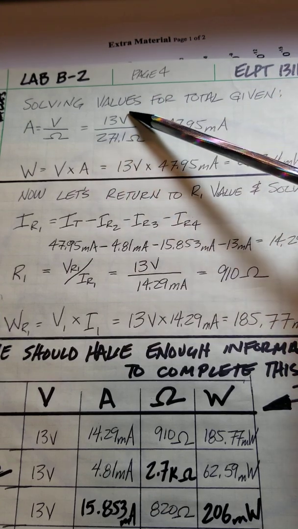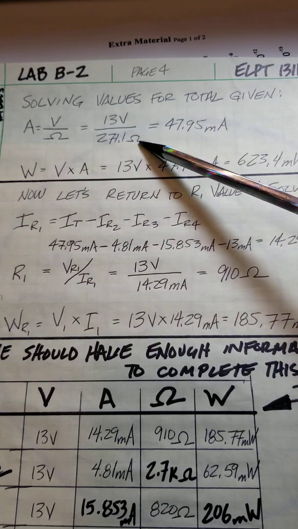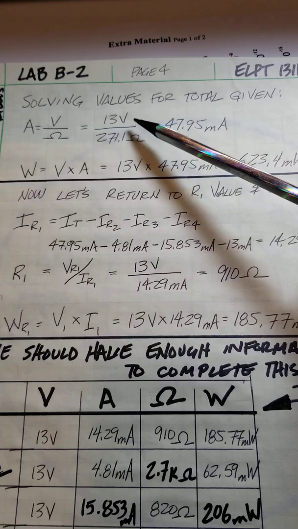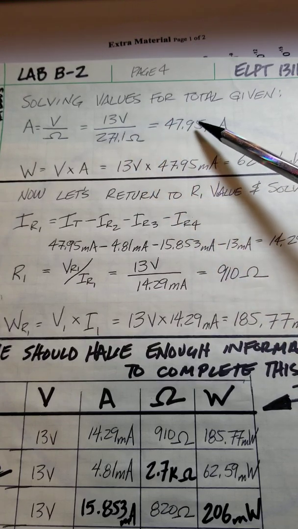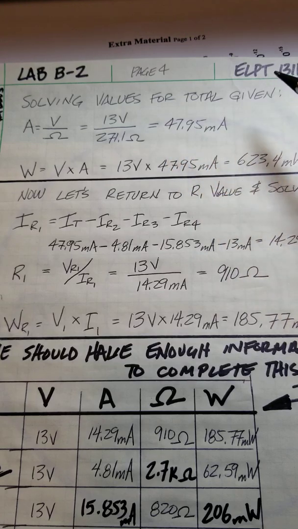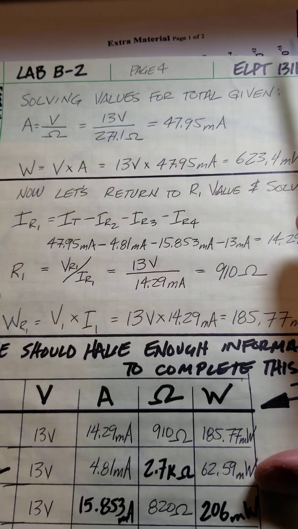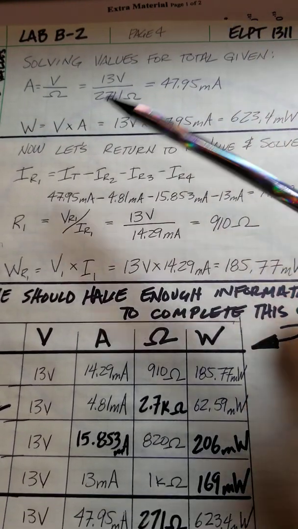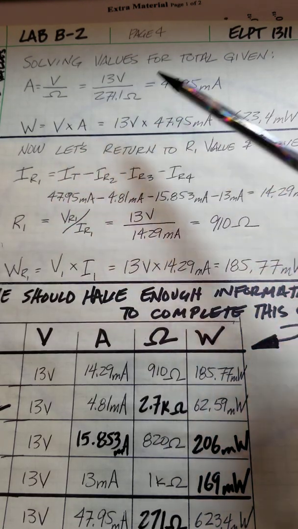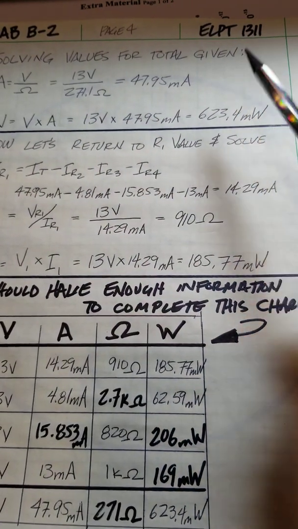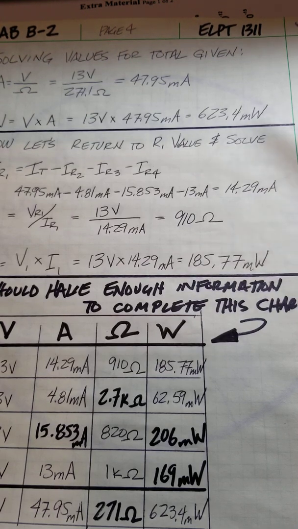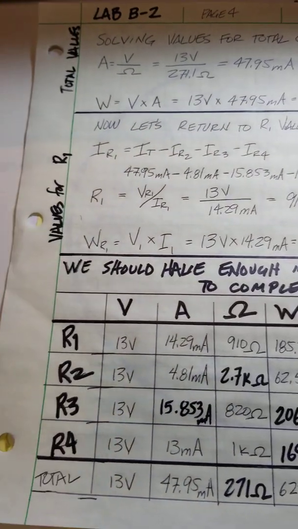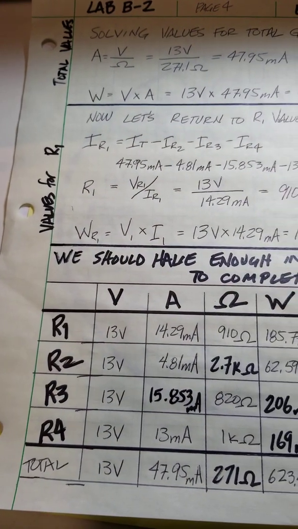I take my total voltage and my total resistance, and I divide my ohms into my volts to get my amps. That's what I've done here. So 47.95 is my total amps. Then I take my total voltage times my total amps, and my total power is 623.4 milliwatts.